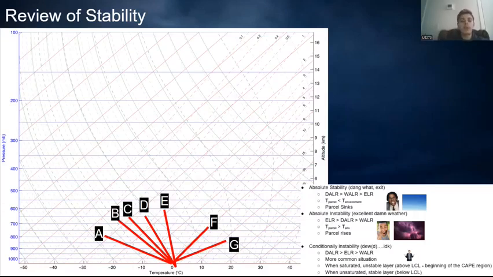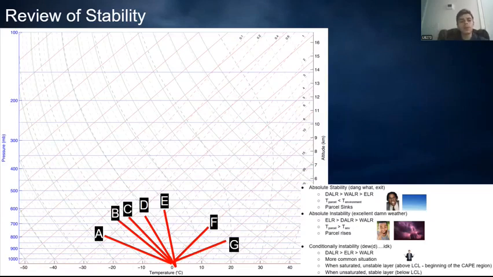So, review of stability. We talked about this a lot in the last video, but we need to look at these environmental lapse rates to know if it's a situation that's stable, unstable, or conditionally unstable.